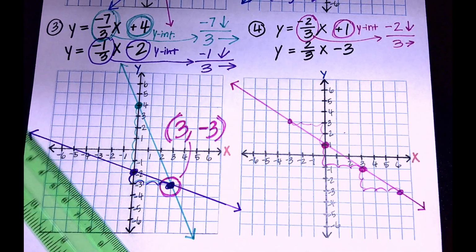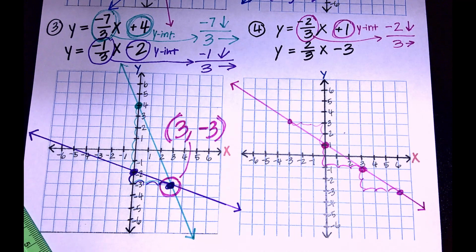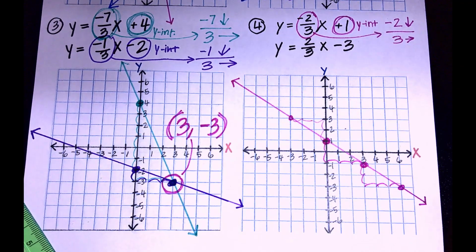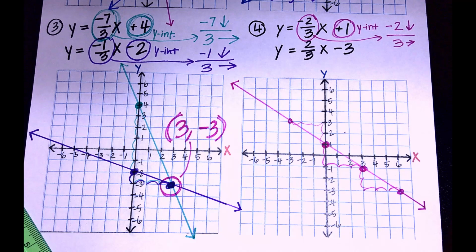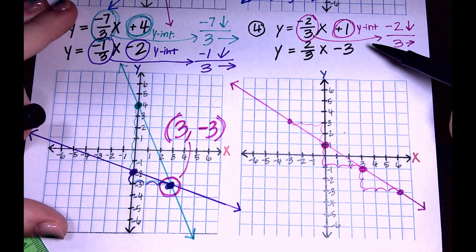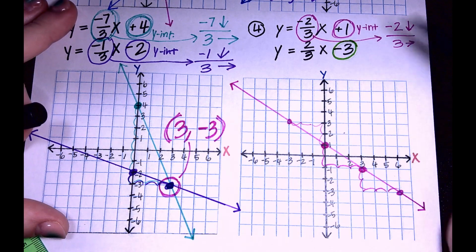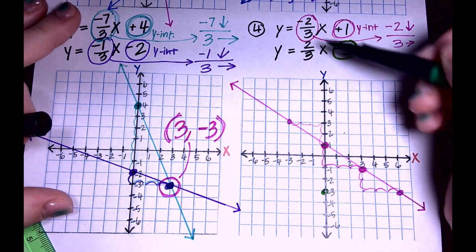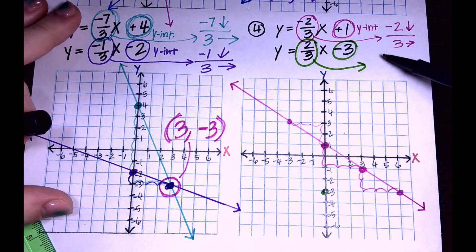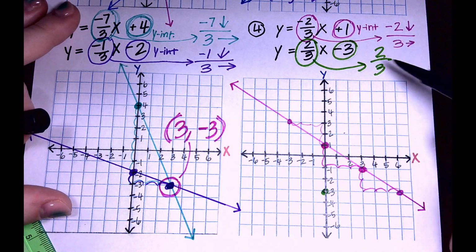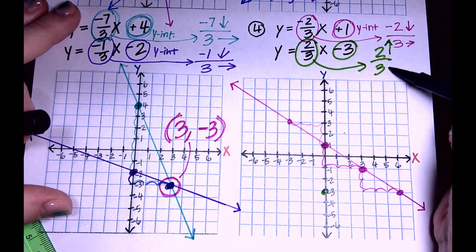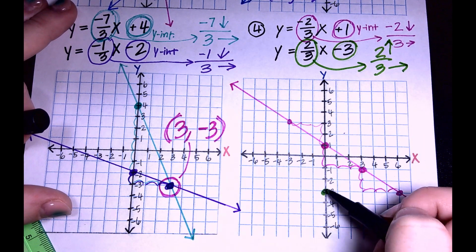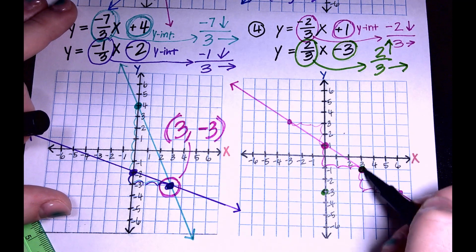Okay. So I've got my first line, and now let's do the second one. Where's my first point for the next line? Negative 3. So I'll start there. And where do I go from there? Yes. 2 over 3 is my slope. It's positive, so I'm going up 2 over 3. Up 2 over 3.